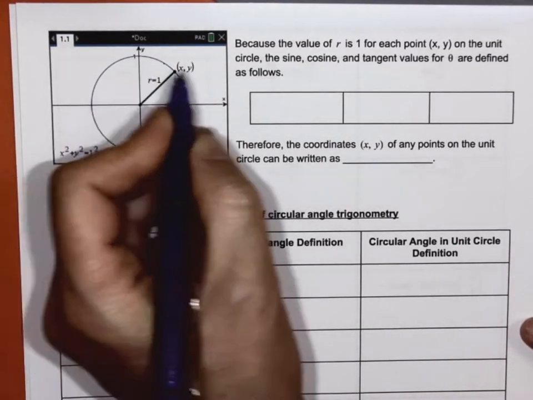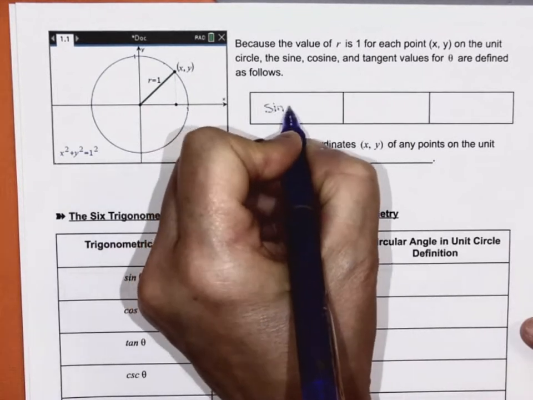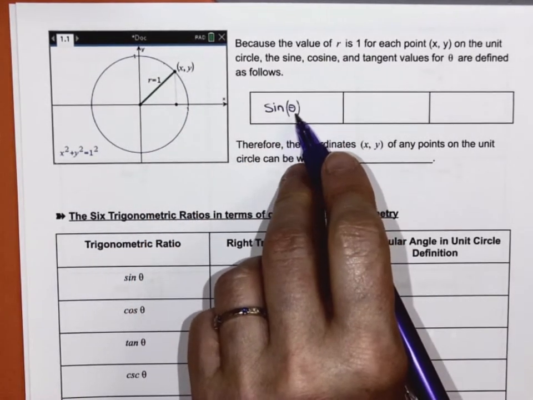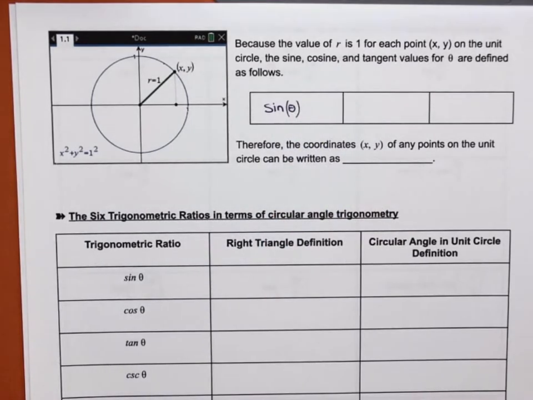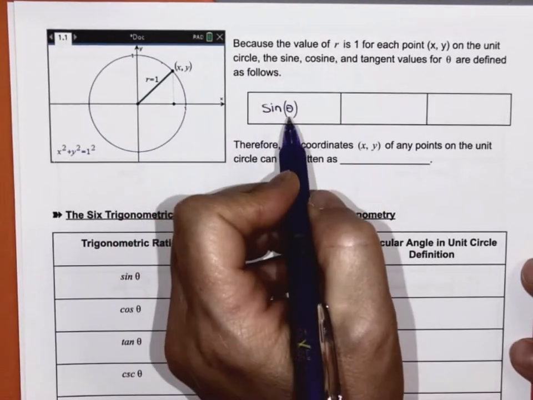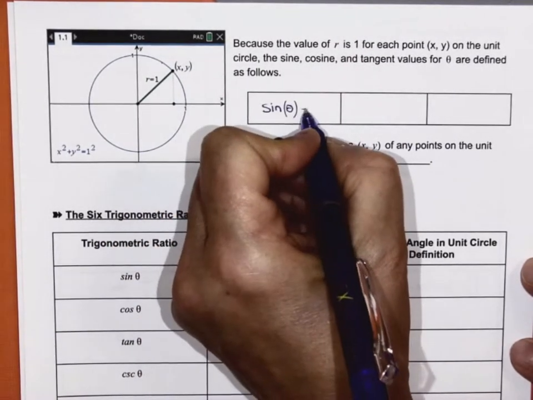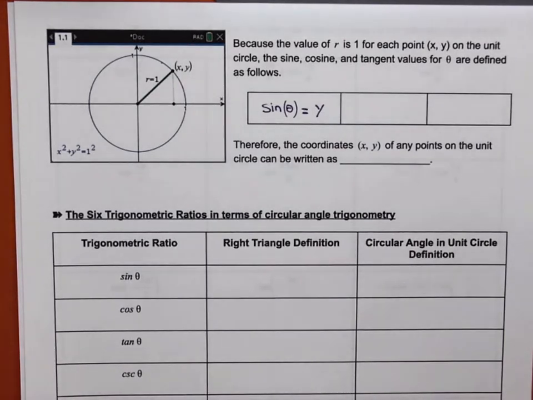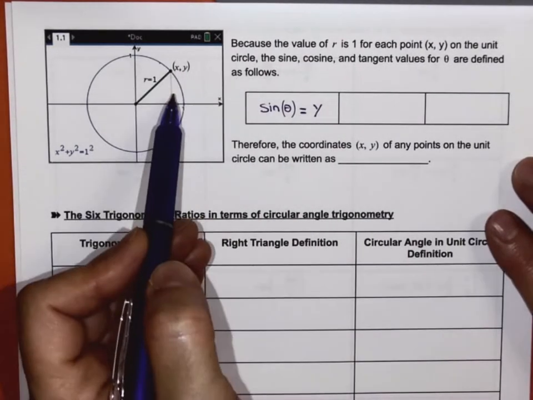So the sine of theta, remember you always need to put an angle inside the trig function. You cannot just write sine and leave it blank, right? It's just like you would never write the square root and leave it empty. Same thing with the trig functions. You need to have an angle in it. So the sine of theta is always going to be equal to my y value inside the unit circle, because it's opposite over hypotenuse, which is always 1.